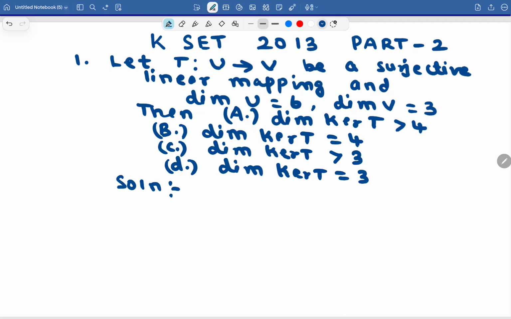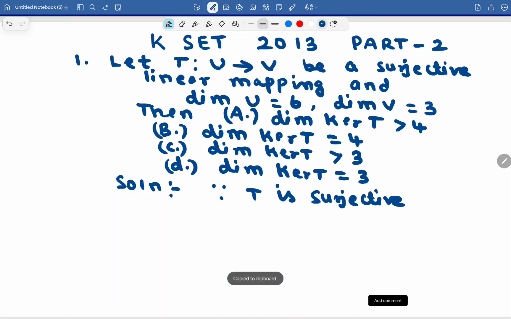Solution: since T is surjective means onto, injective means one-one, bijective means one-one onto. T is onto. We know very well, if F is onto, range of F is V.